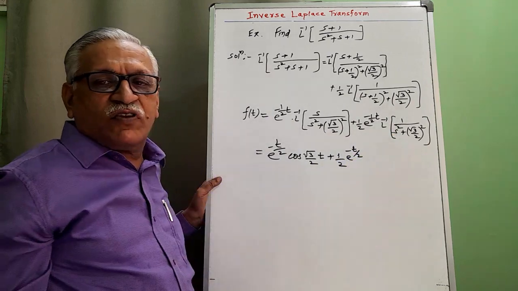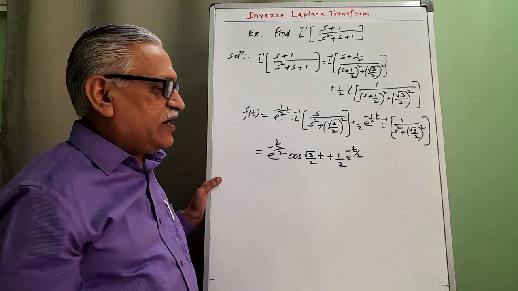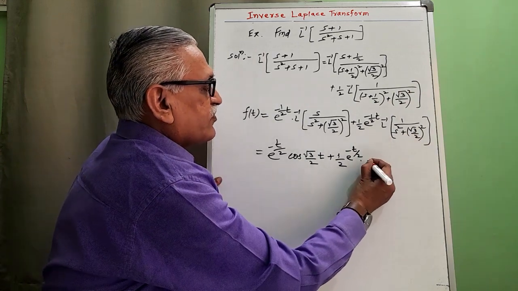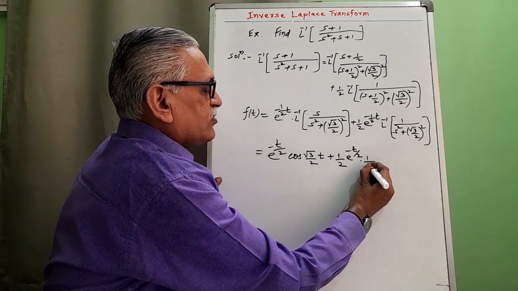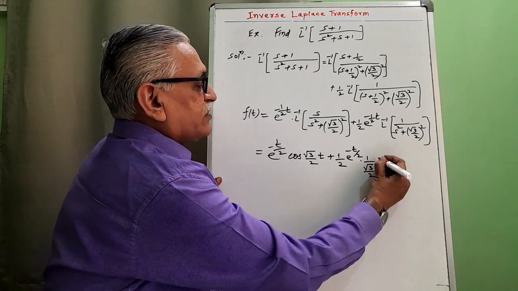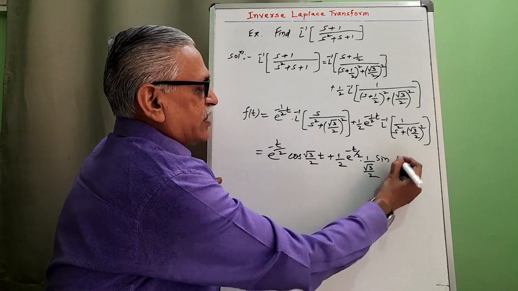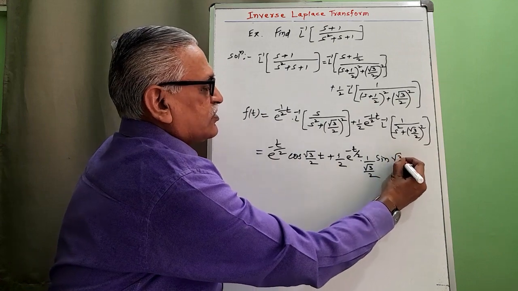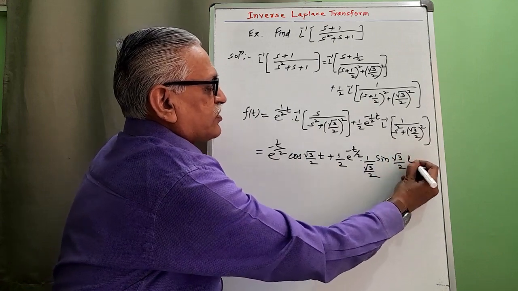Inverse of 1 upon s square plus a square is 1 by a, here 1 upon root 3 by 2, sine of at, sine of a is here root 3 by 2 times t.